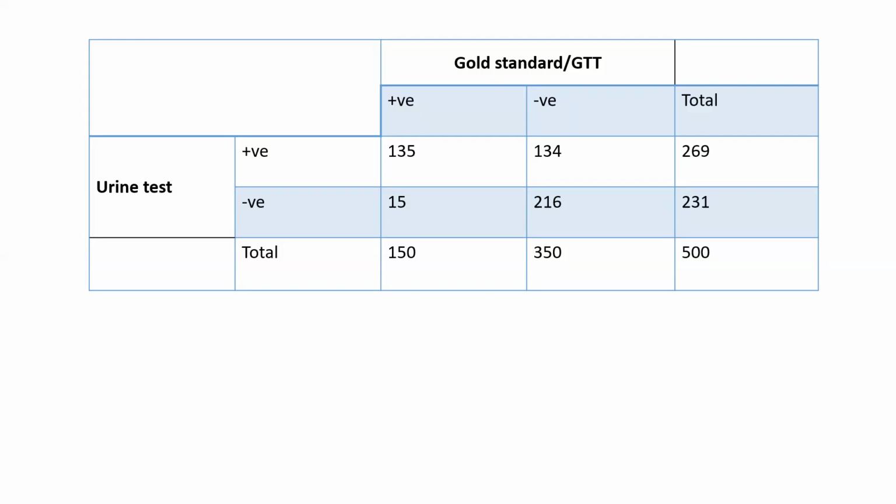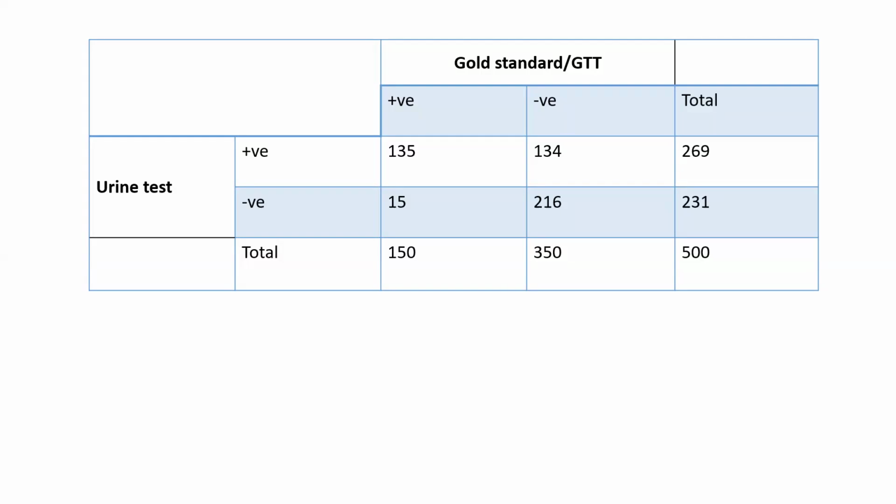Specificity is 216 divided by 350. That means the ability to identify negatives as negative. That's the specificity. Positive predictive value is 135 divided by 269.